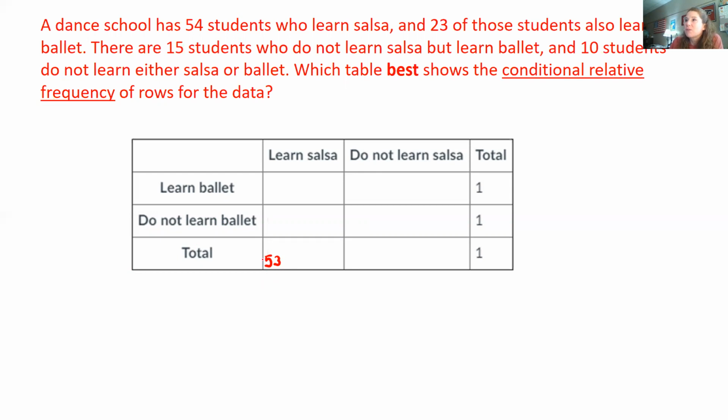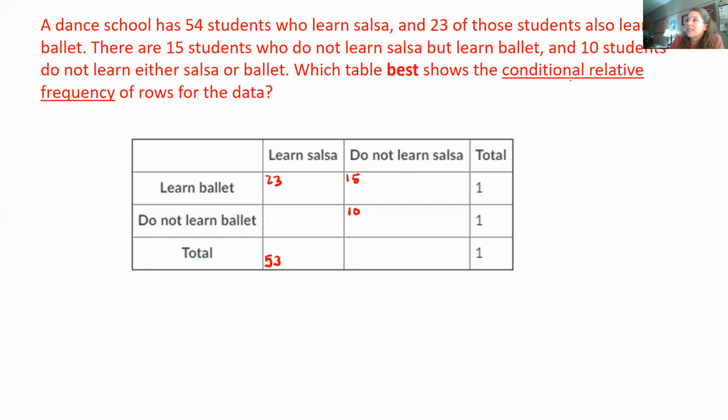So of these 54 students, 23 also learn ballet. So 23 goes here. They learn both. 15 do not learn salsa, but learn ballet. So no salsa, but ballet is 15. And then we have 10 that do neither. So no salsa, no ballet right here, 10.